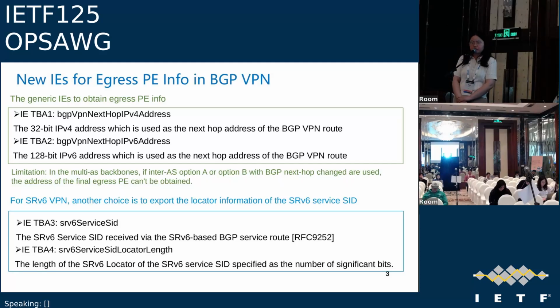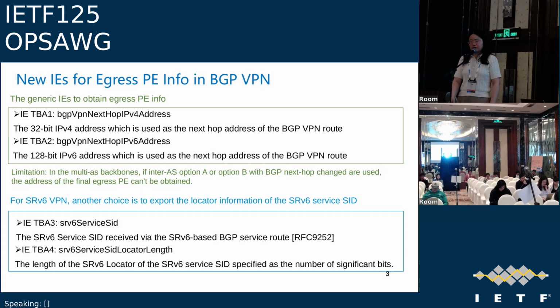The first is more generic, to obtain the egress PE information. The first is BGP VPN next hop IPv4 address, and the second is IPv6 address.